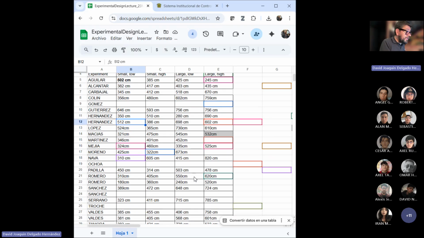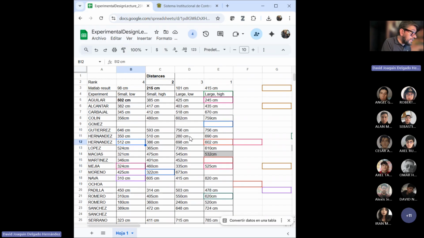But what I can see here is that most of you, these two, large and low and large and high, were the longest, right? So let us try with a different combination in order for you to see this, okay?